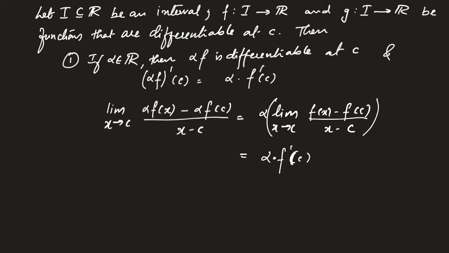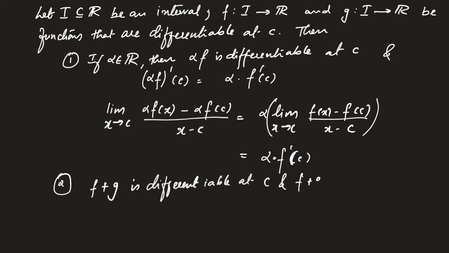Okay, so that's all. Similarly, we can say that f plus g is differentiable at C, and f plus g dash of C is equal to f dash of C plus g dash of C. Again, it's very simple.